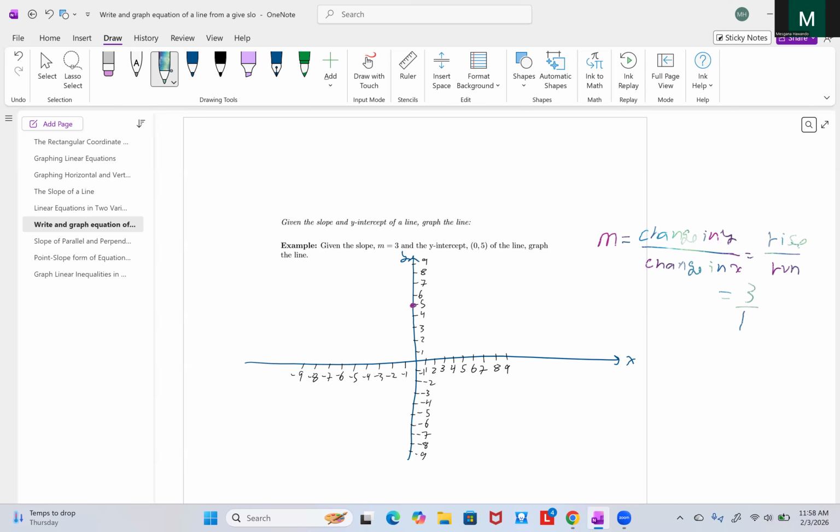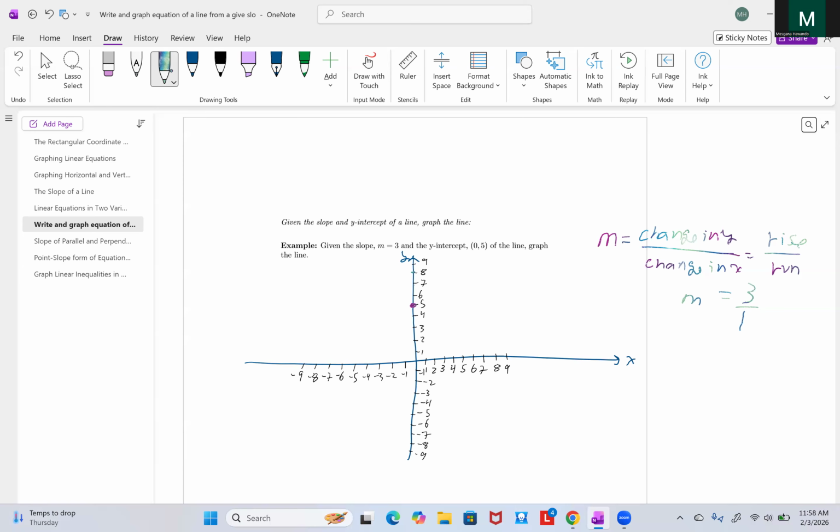The denominator is 1 for the slope. Since 3 is positive, rise means we go a vertical distance in the positive y direction, 3 units from the y-intercept. So from 5, we go up 3 units: 1, 2, 3. We stop at 8. That is for the rise.